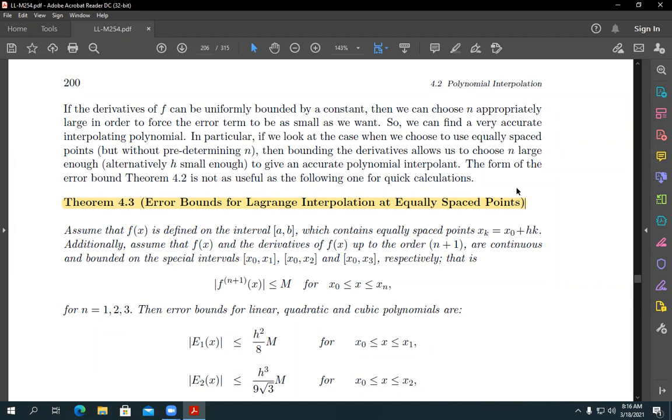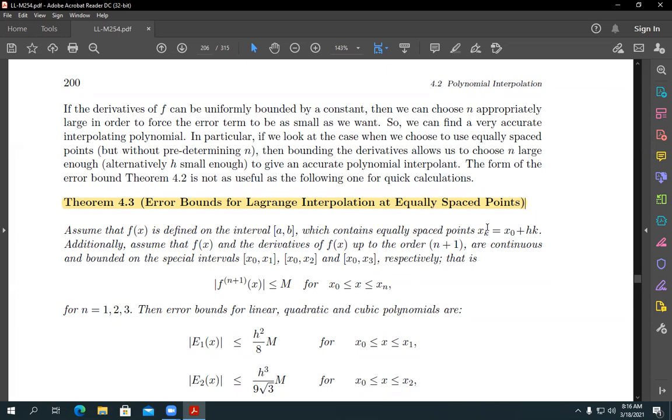When I say data points, I mean the x values. Here I am giving you the error bound formula for equally spaced points.